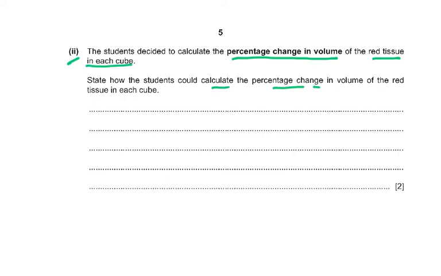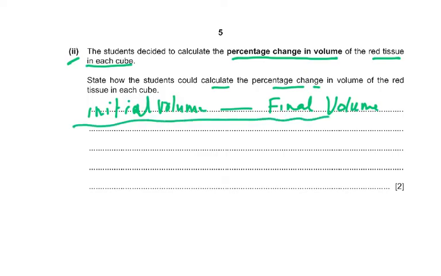So initial volume minus the final volume. We are saying percentage difference. You have studied this, I think, in maths or something, divided by the initial volume.